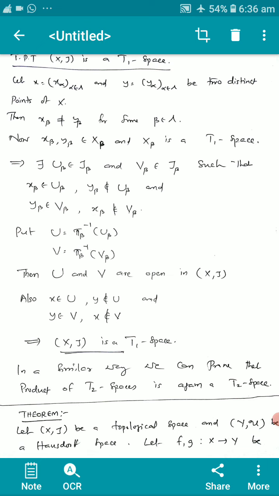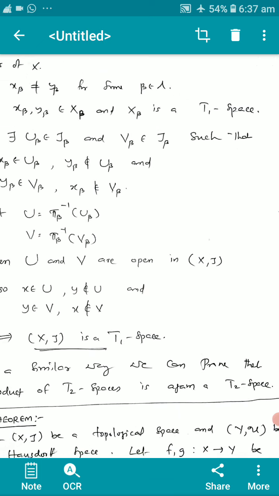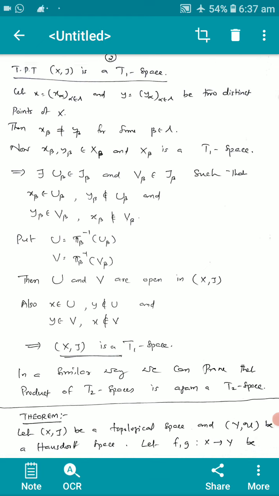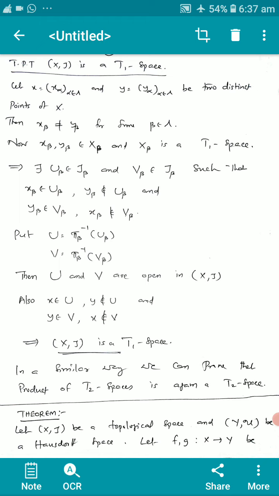Take capital U as pi beta inverse of U beta, capital V as pi beta inverse of V beta, where pi beta is the projection mapping. Then U and V are open in X. Also x is in U, y not in U, and y is in V, x not in V.